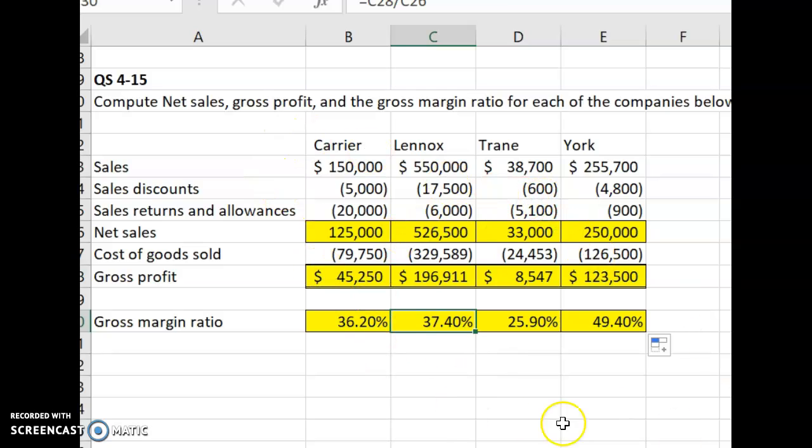So if these companies are all within the same industry, we certainly have a leader of the industry, we have an average, and we have a trailer. If you're the trailer, you want to figure out what you can do to get more to this average side. If you're in this average category, what can you be doing to move more toward this higher side?